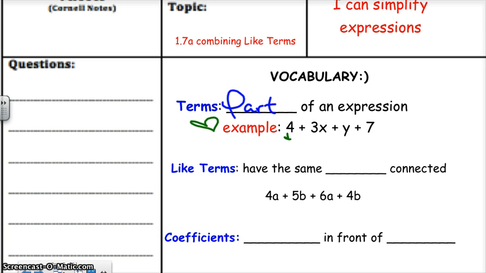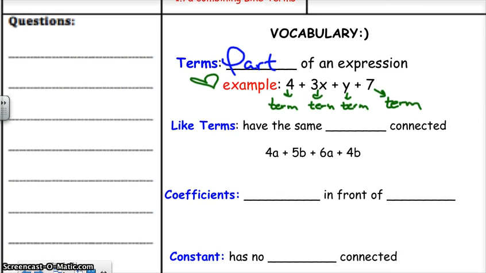So the 4 is a term. The 3x is a term. The y is a term. The 7 is a term. It's the different parts of the expression. Okay, if you think about it in real life, I have a class, you'd be like my expression, and each individual one of you would be a term. Okay?